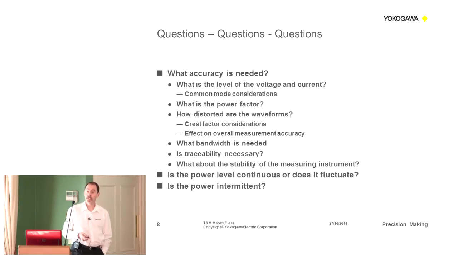A few more questions I'll throw at you, or a few more ideas to think about. What accuracy do you need to measure? That's also related to what the level of voltage and current is, how you are getting the voltage and current into the instrument, and what accuracy is associated with that mechanism as well. We also have to consider floating voltages.